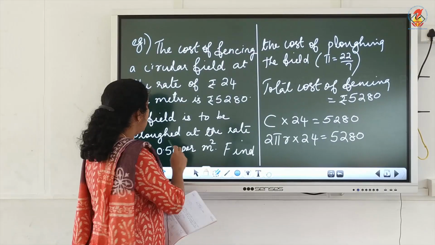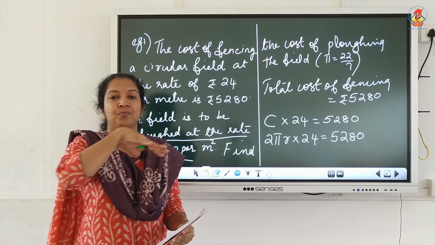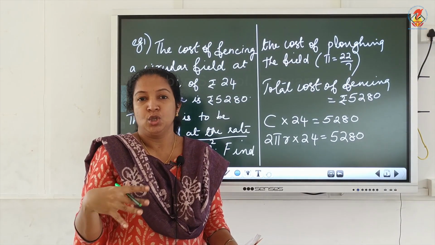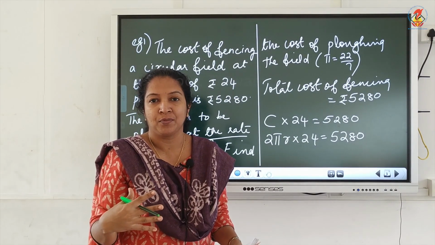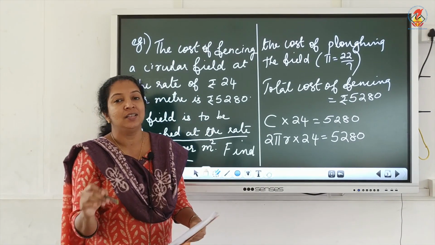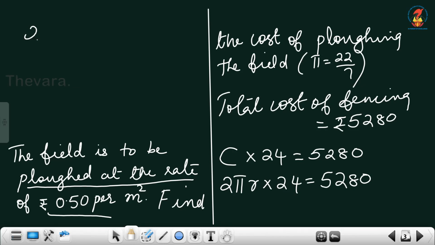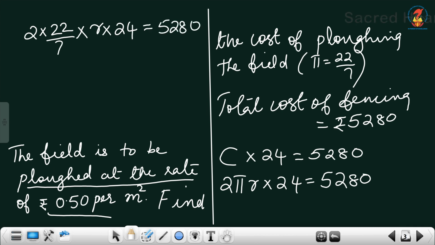Plowing the field at the rate of rupees 0.50 is related to the inside part of the circle, so we have to find the area there. From this relation we can find the radius. So 2 into 22 by 7 into r into 24 is equal to 5,280.